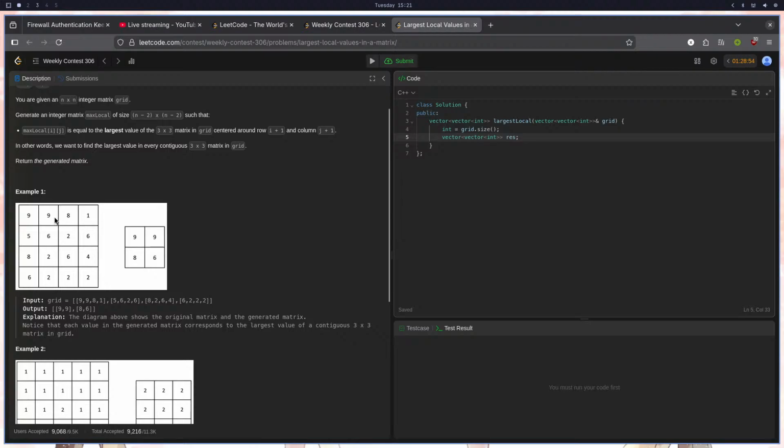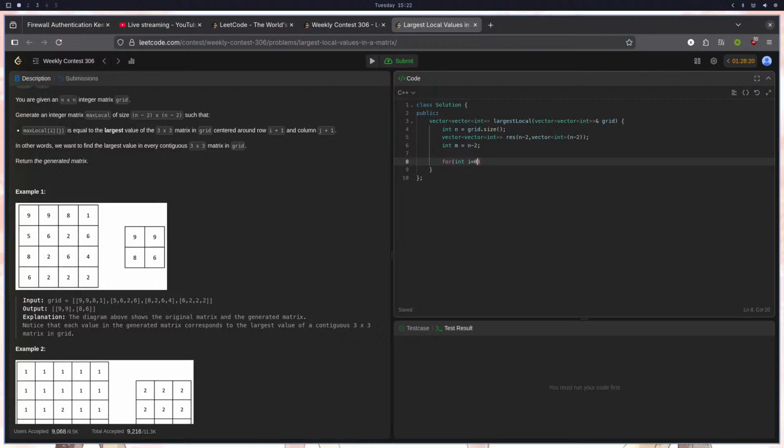So it's 9, 9, 8 and 6, res is n minus 2 vector and n minus 2. Or rather INT, INT equal to n minus 2.